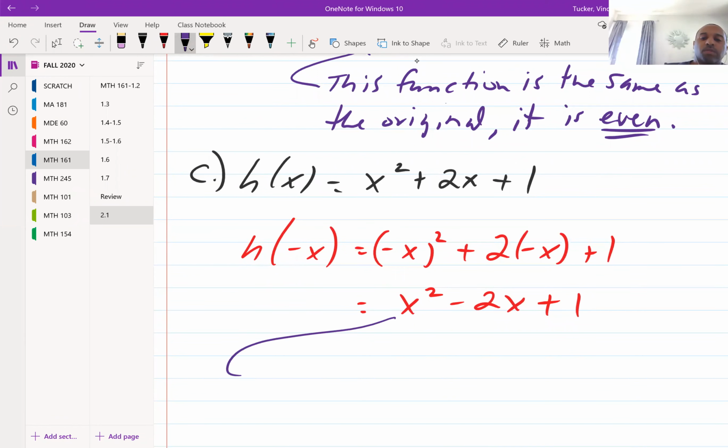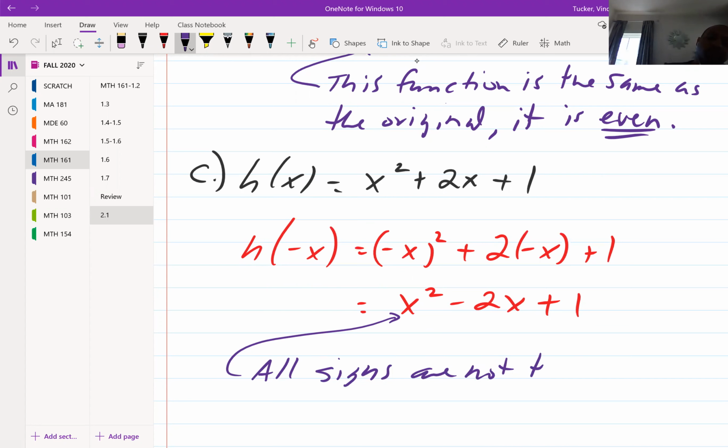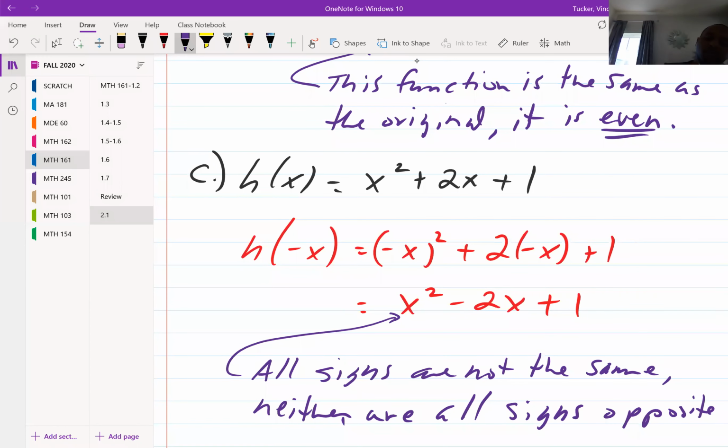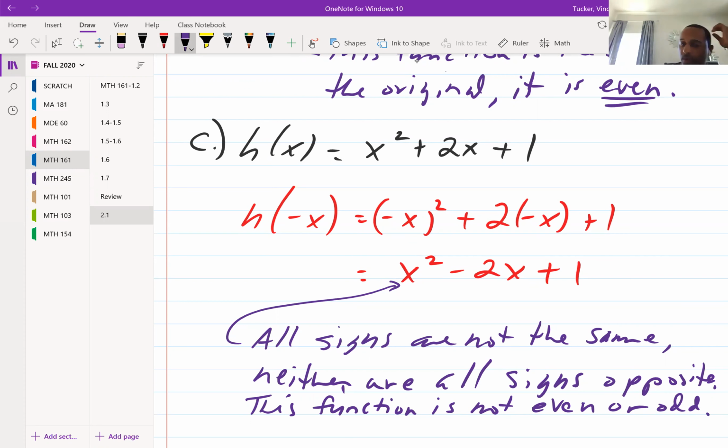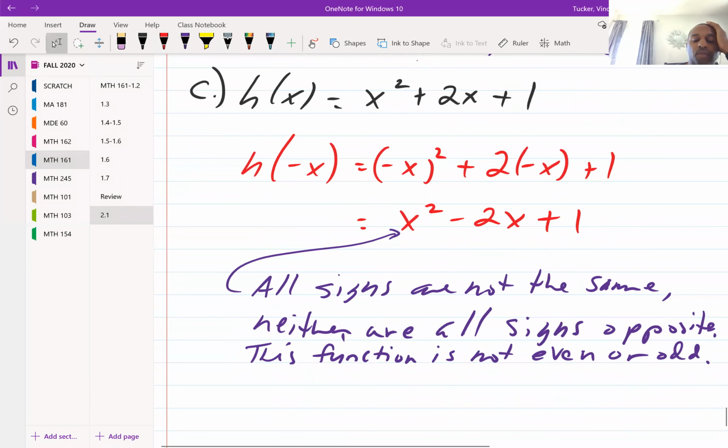So this one, all right, all signs are not the same, neither are all signs opposite. So this function is not even or odd.